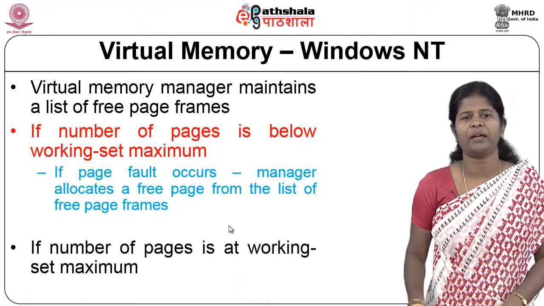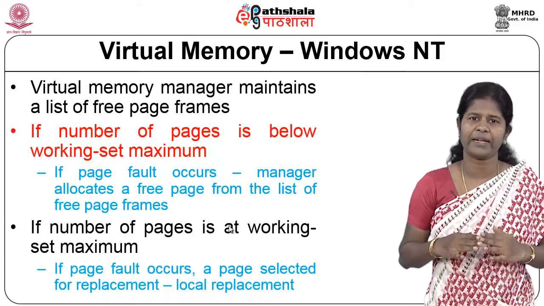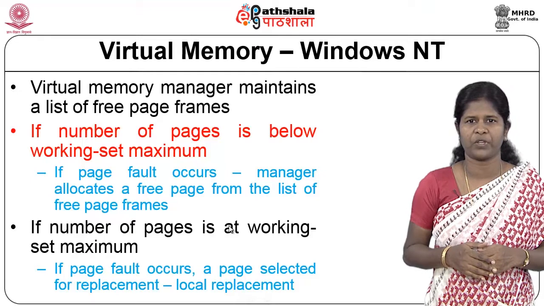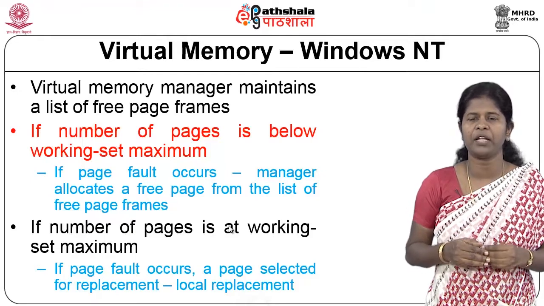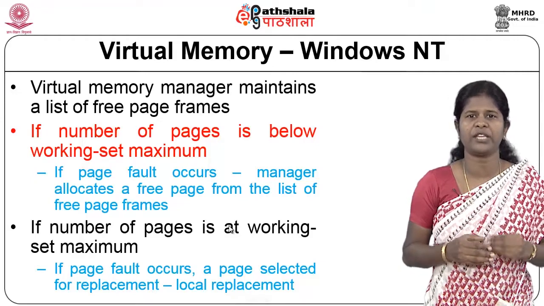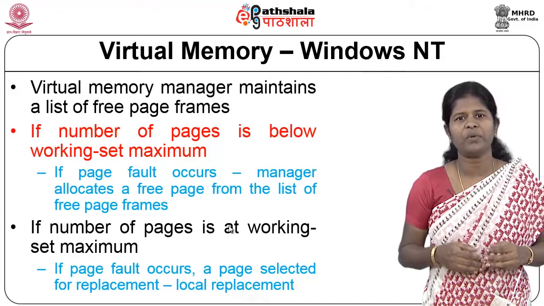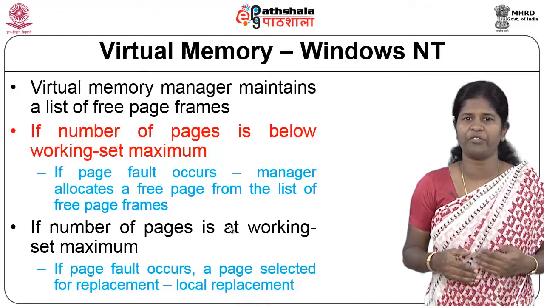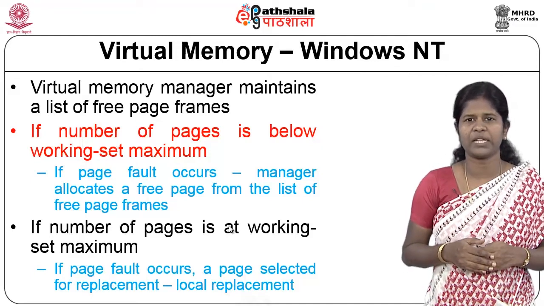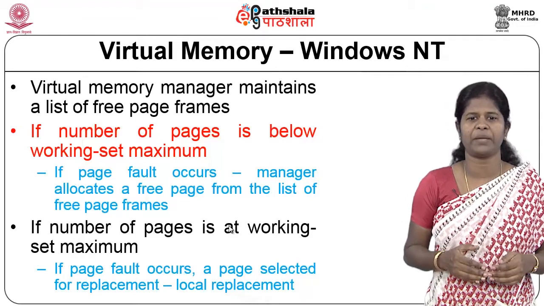But when the number of pages for the process is currently at the working set maximum, say in this example the process has exactly 20 physical frames now, and there is a page fault, we do not assign a new free frame for that process. What is done? Whenever a page fault occurs, a page is selected for replacement.